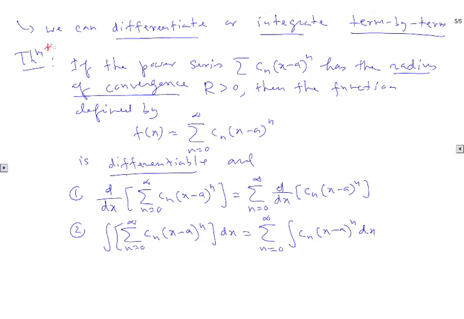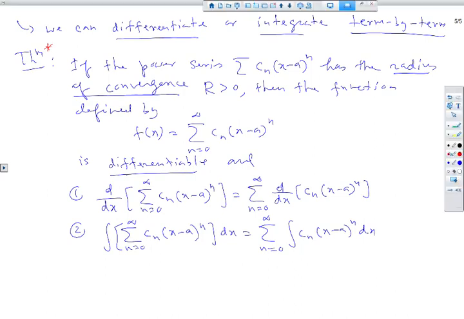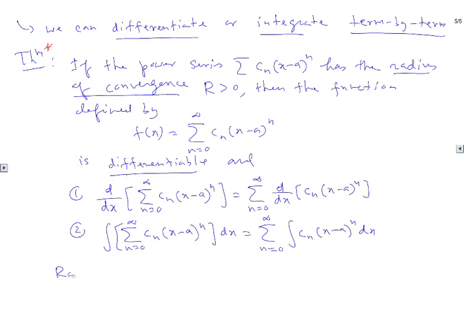So if you have a power series, you can just take the derivative, and then the most important part, the radius of convergence does not change.